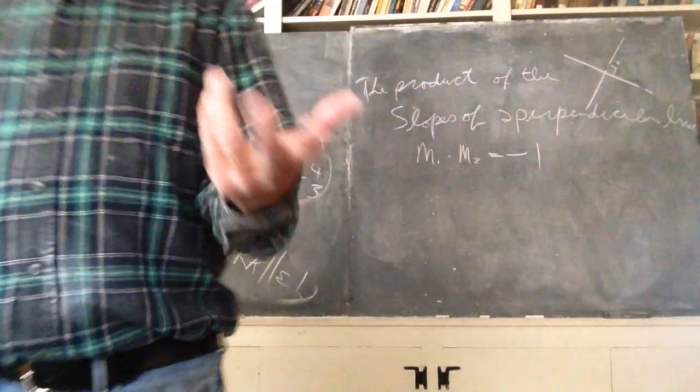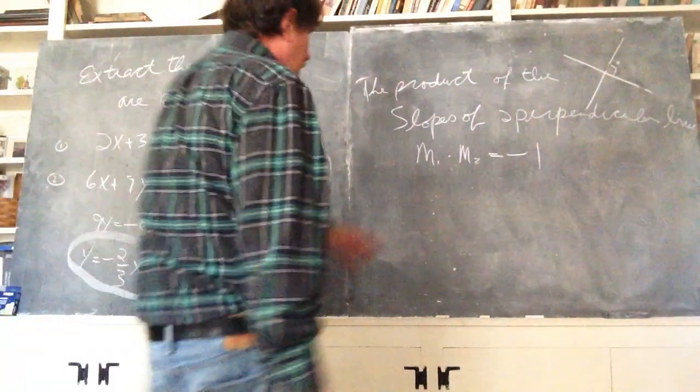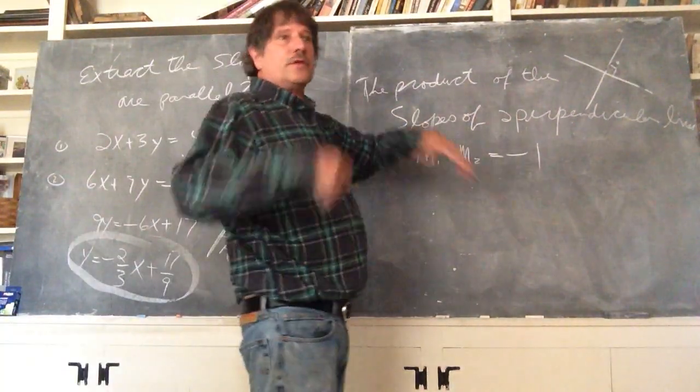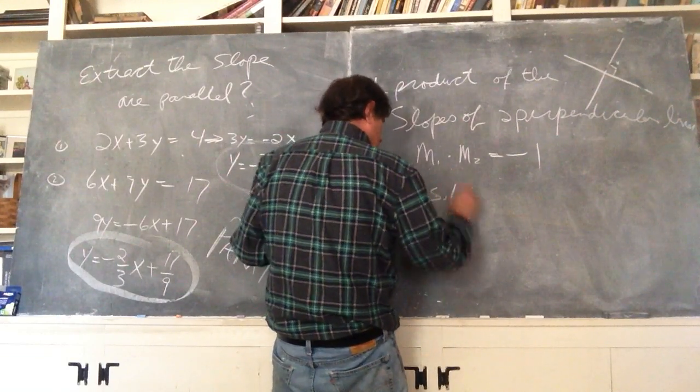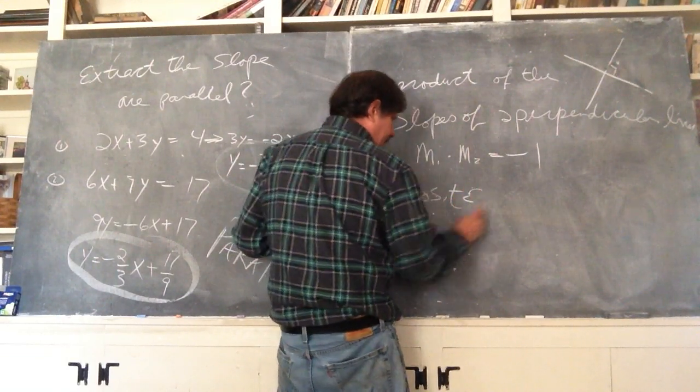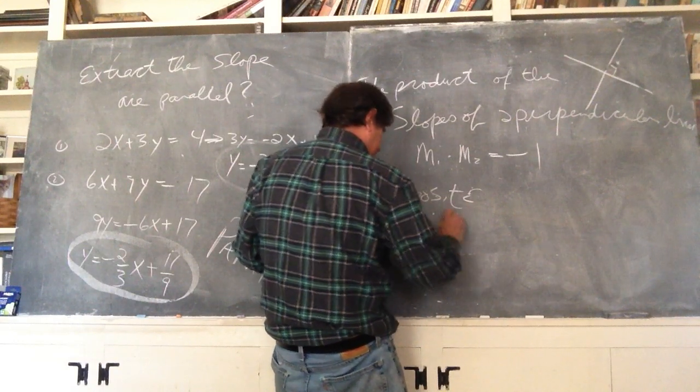The two words we remember from Algebra 2 to denote this is that the slopes are opposites of one another and at the same time reciprocal.